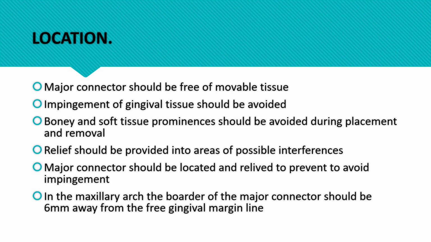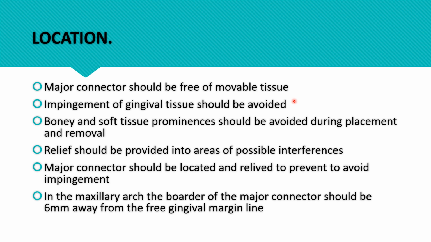What is the location criteria of a major connector? The major connector should be free from all the movable tissues, so it should not impinge them. Similarly, impingement of gingival tissue should be avoided. Bony and soft tissue prominences should be avoided during placement and removal of the major connector.